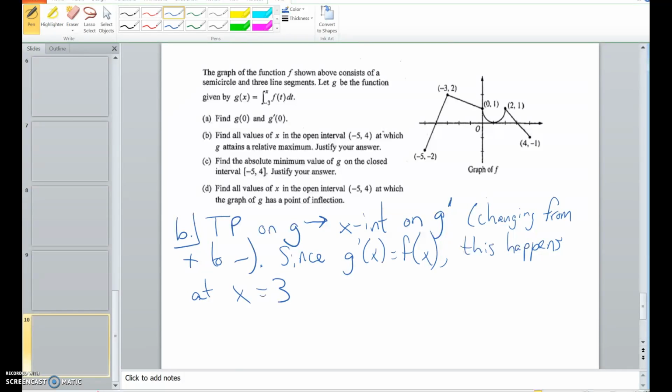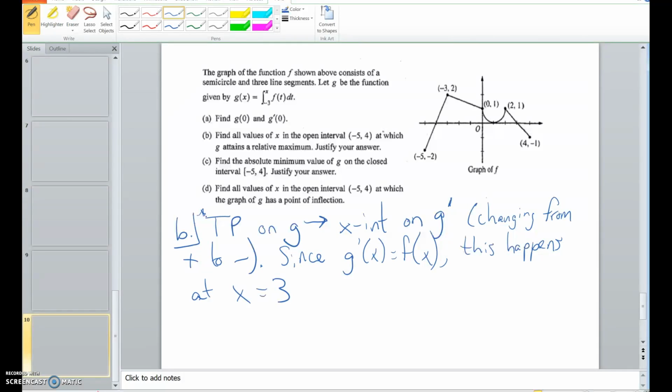Okay, here's the answer to part B. So part B asks us to find a maximum turning point on g. If we're looking for a turning point on g, that is going to show up as an x-intercept on g prime. And specifically an x-intercept where we're changing from positive to negative. So for a maximum, the rate of change is going from positive to negative.